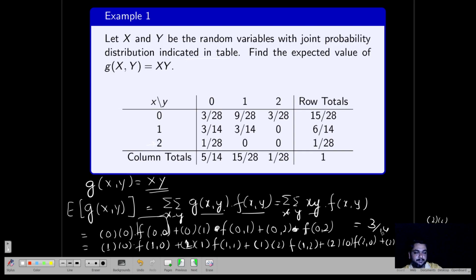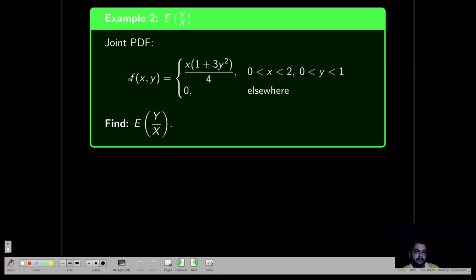Okay, that's simple. Now similarly, for continuous joint variables, the joint density is given as this, in the given intervals. You have to find the expected value of y by x. So what they are saying is find E of g of x comma y, which is given as y divided by x.